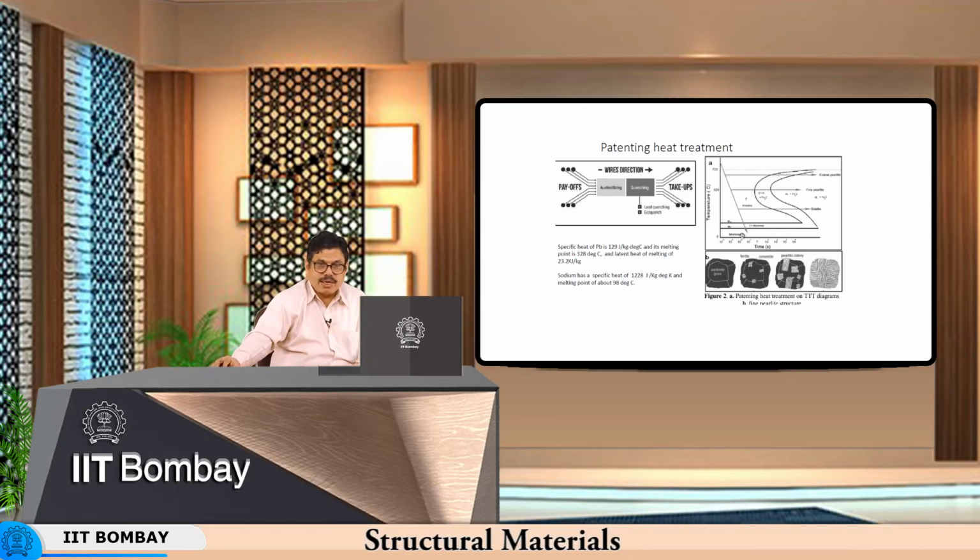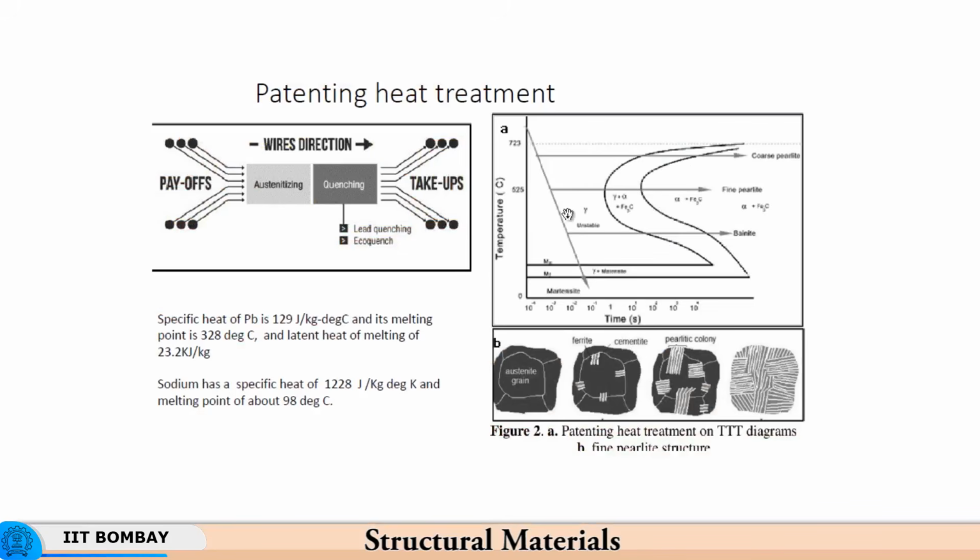Once the lead is molten, it will remain molten for a very long time. With a small amount of additional heat, it will continue to remain molten, and the heat comes from the continuously incoming wire. So it can be maintained in a molten condition, and these wires are maintained at that particular temperature for long durations of time.